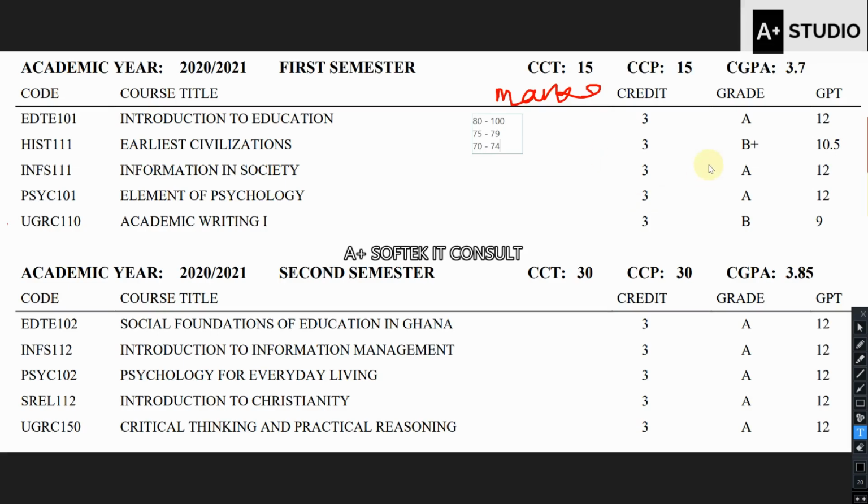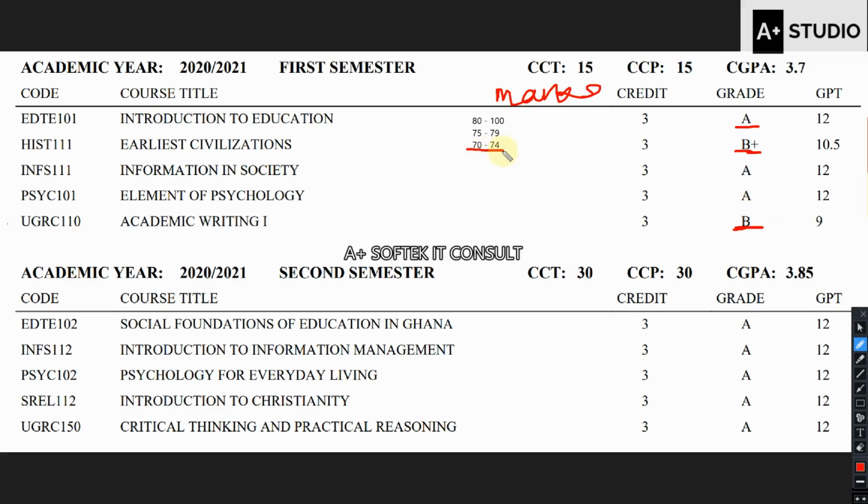So here we can tell that with this particular A, the student has either 80, 90, 99 or 85, any of the ranges from 80 to 100. With a B plus, the student has a score from 75 to 79. Then with the B, this particular student falls within 70 to 74.